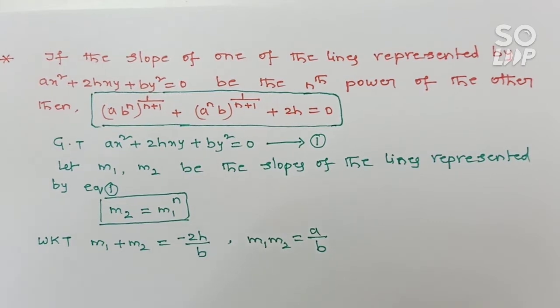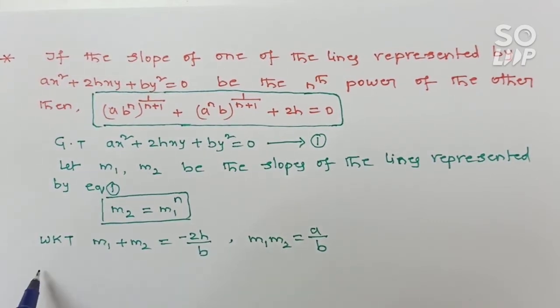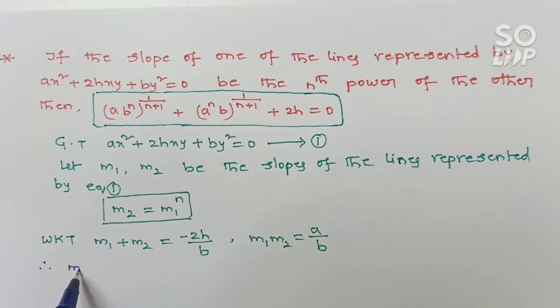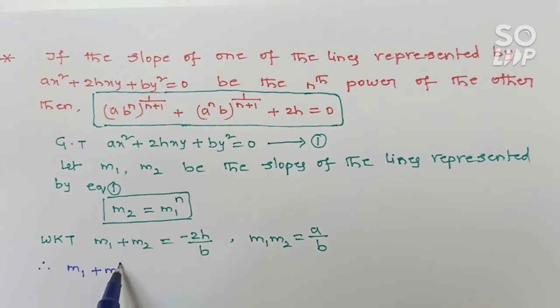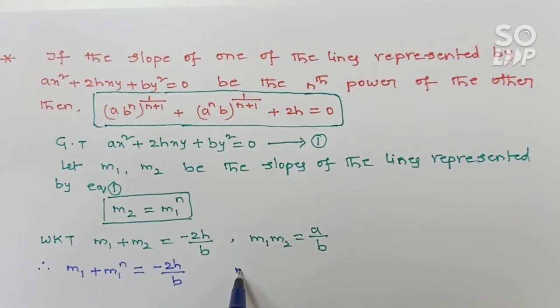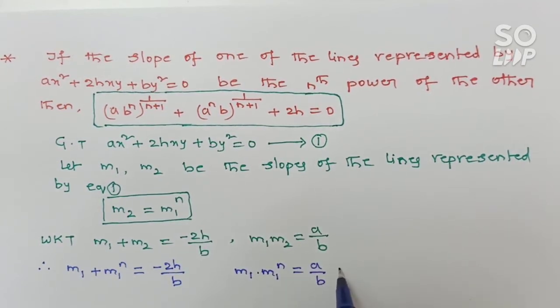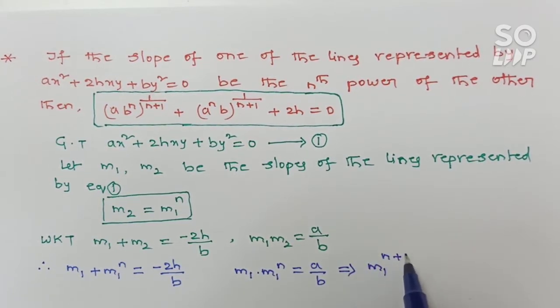Therefore m1 plus m1 power n equals minus 2h by b. And m1 into m2, that is m1 power n plus 1, equals a by b.